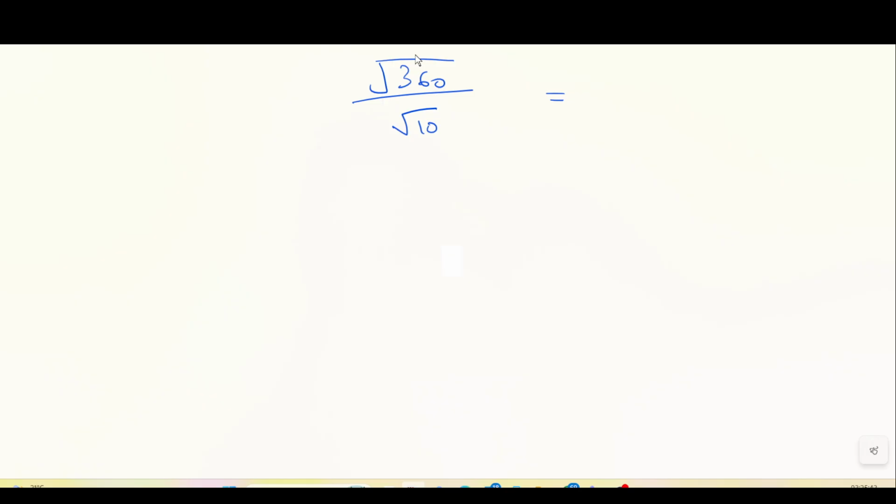Square root of 36, which is equal to, square root of 36 is 6, right? Just 6.